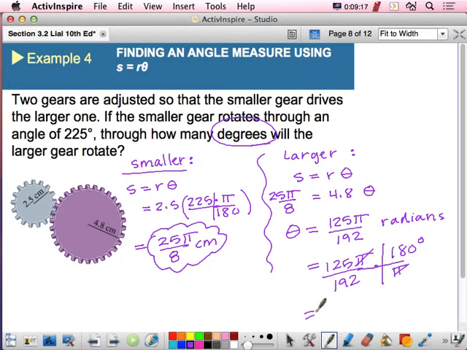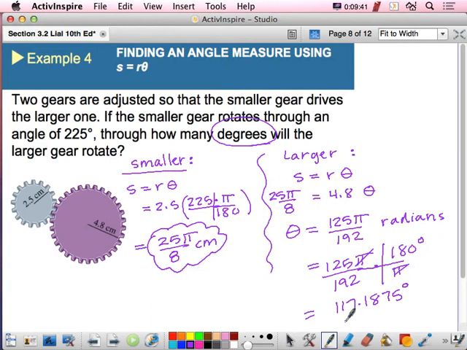And the pi's cancel. 125 times 180 divided by 192. I got an angle of like 117.1875. That's degrees, and I'm going to round it to 2 significant digits. Actually, I'm not. Round it to 3 for me.